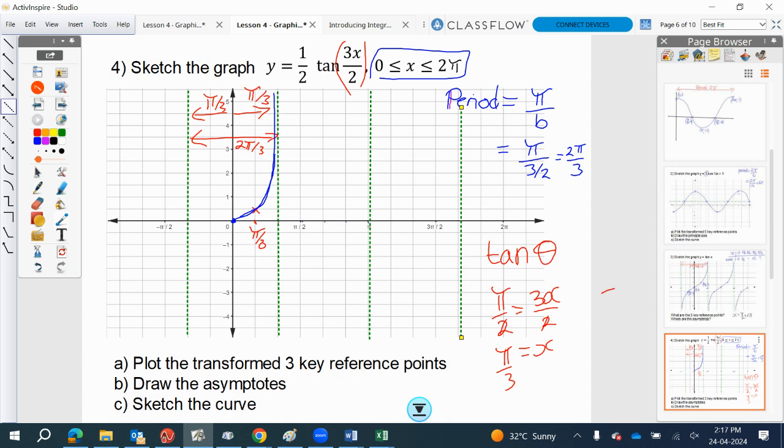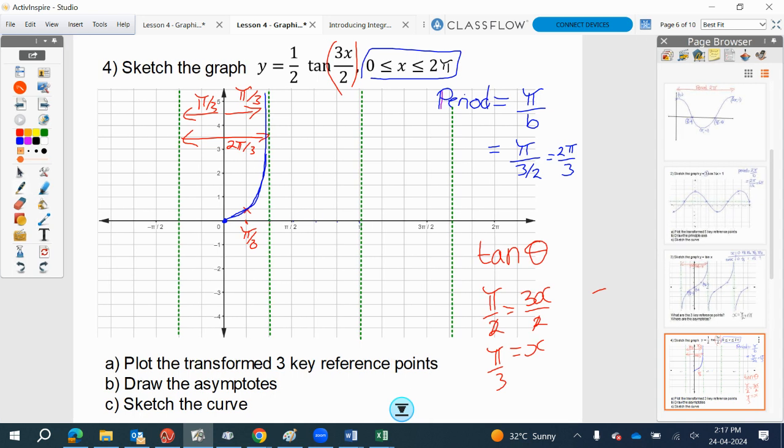The curve is going to go through here, here, here, here, here, here. It's going to finish there and go through here. So the graph that we need to draw is going to look like this.